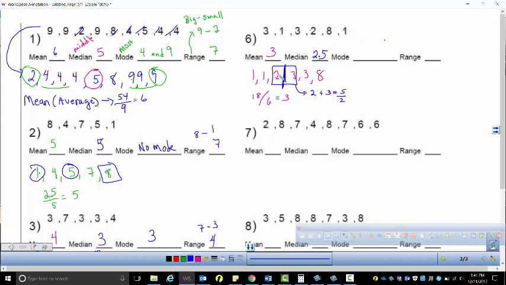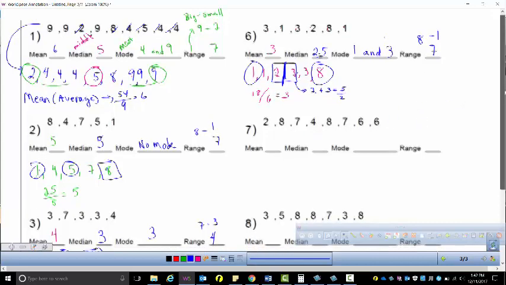So the middle of 2 and 3 is 2.5. All right, the mode, which one do we see the most? Well, this time we have a tie again, so we get 1 and 3. And their range is going to be 8 minus 1, which is 7.